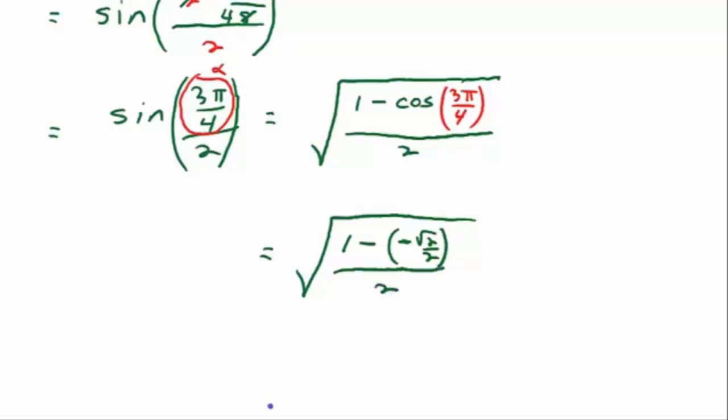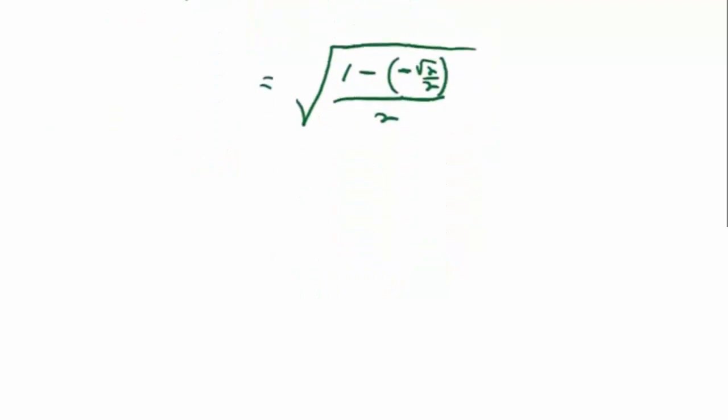Okay? And so you get that that's equal to the square root of 1 plus radical 2 over 2, the whole thing divided by 2. Minus minus makes the plus. We're going to use the same trick we did up above to get rid of the fraction within the fraction.